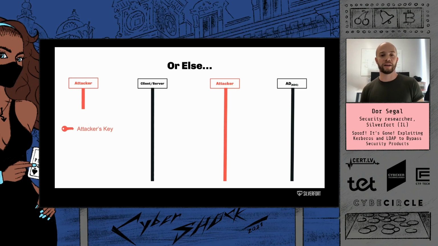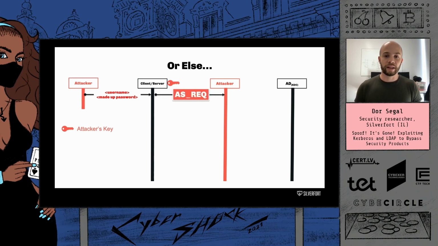So let's see how we can actually achieve this. If I'm an attacker and I put in the same exact username and just make up my own password, I can create my own attacker's key, and the application will send an authentication service request to the domain controller.